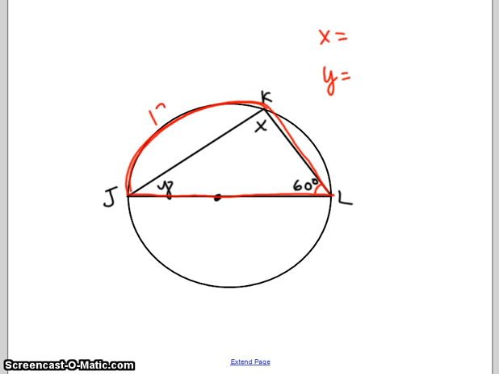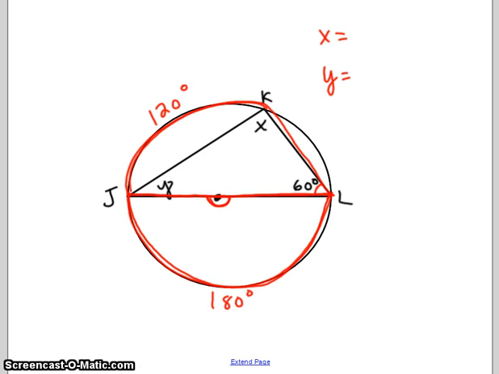So we know that JK is 120 degrees. We also have the diameter here. We know that the diameter is 180 degrees, therefore arc JL is 180, because this would be the central angle for this arc.